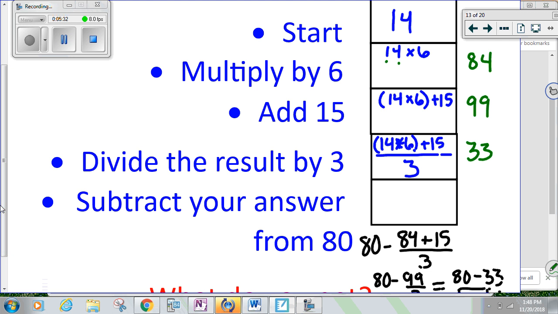And I'm going to subtract that from 80. So this will look like 14 times 6 plus 15 divided by 3. And from 80 means my 80 would be here. So 80 minus 33 is going to give me 47.